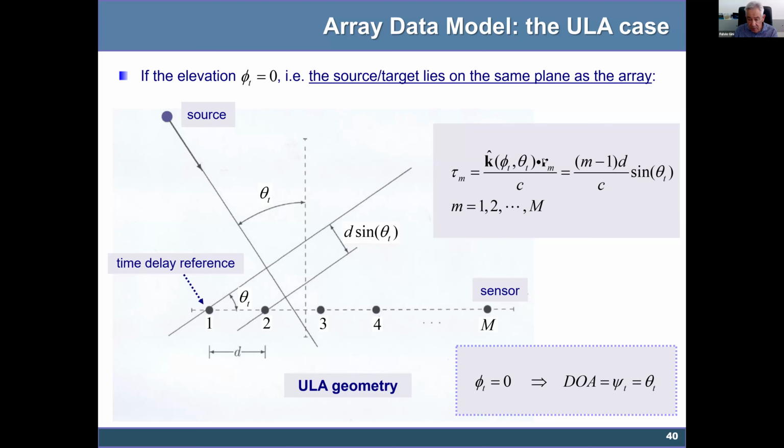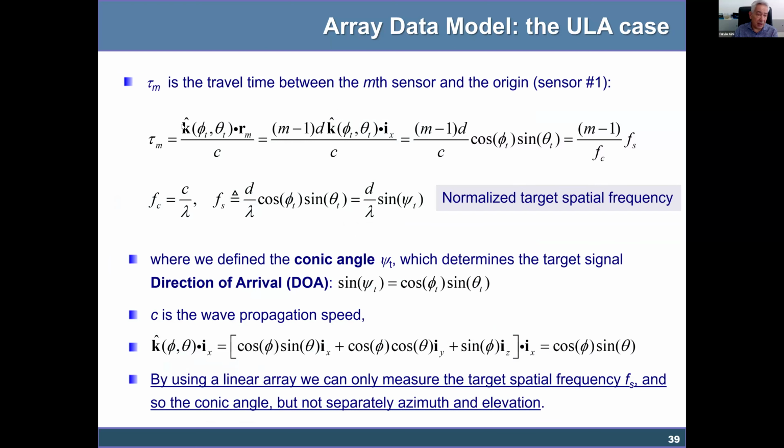This symbol is the inner product. And if you calculate the inner product between these two, obviously, because R_m has a component only along x, the only part of k that contributes to this inner product is the component along x, this one.